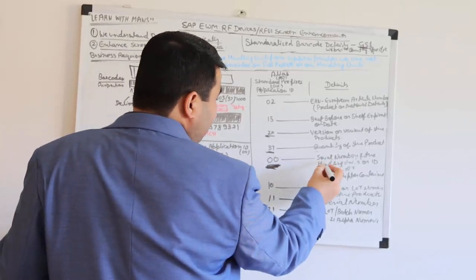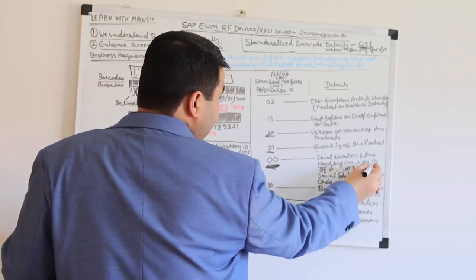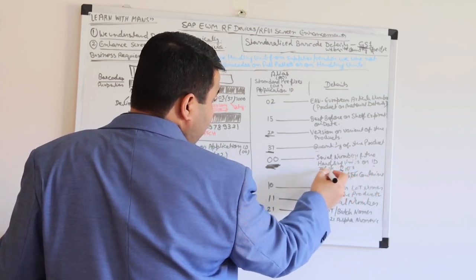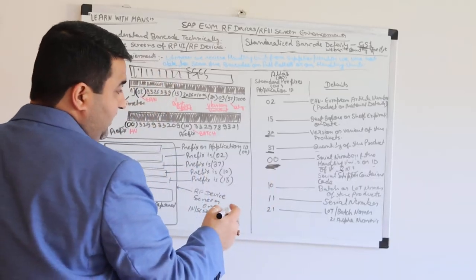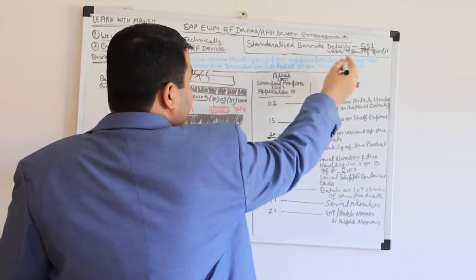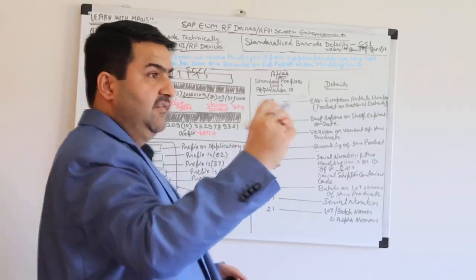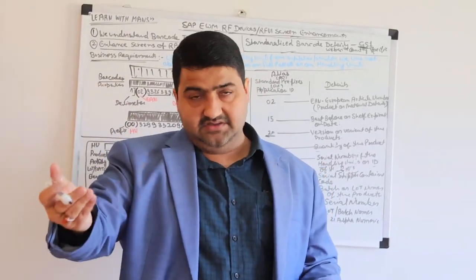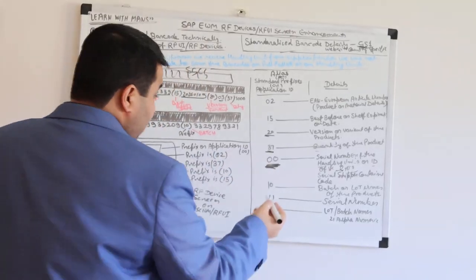If you see 00 in the bracket, that means serial number or ID of the handling units, which is the SSCC number, serial shipper container code. These are the standard numbers, but if you go to GS1, all countries have more different numbers, country wise, area wise.